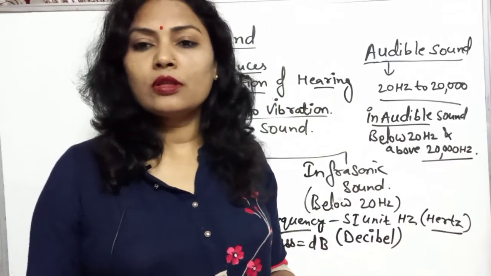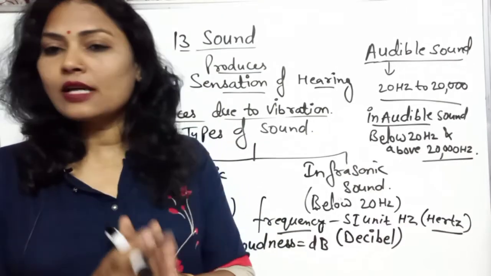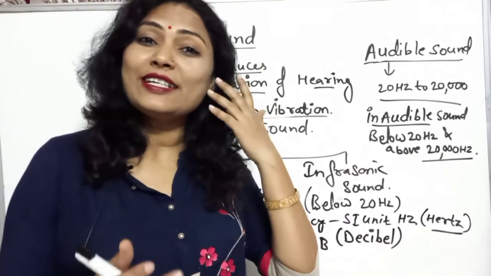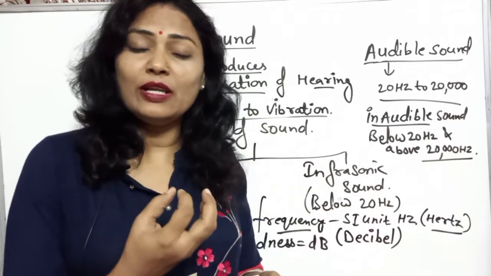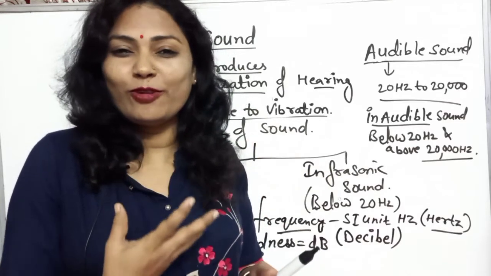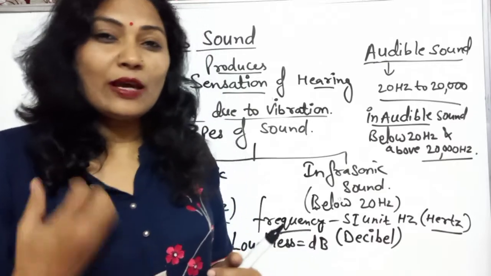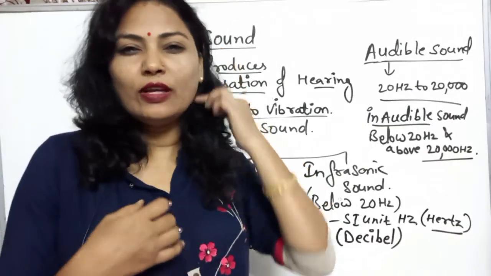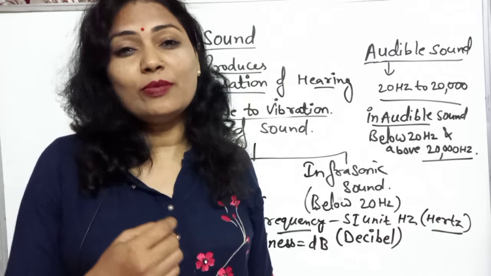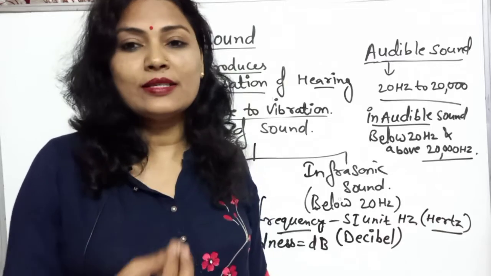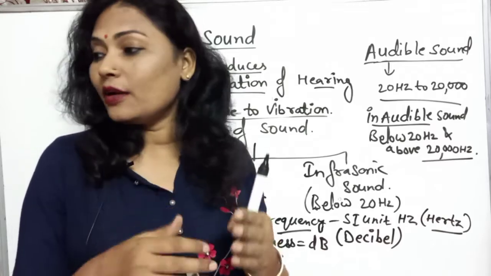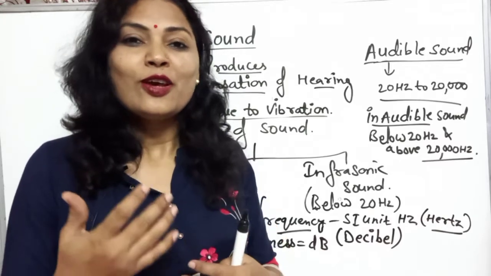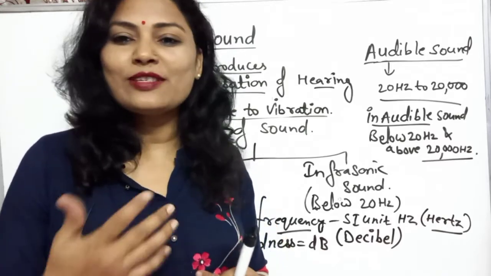Okay, so what is noise? Actually, the sound which is not pleasant to the ears, that is noise. If the sound is very melodious, it is pleasant for us, we will be very happy to hear it and feel very pleasant, then it is music. You can say that a melodious sound that creates a pleasant sensation on our ears is known as music.